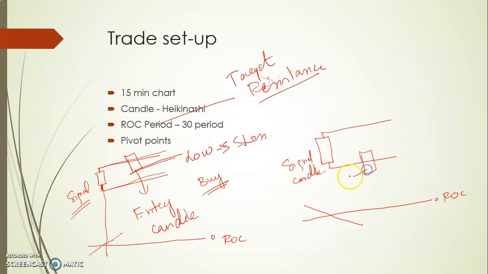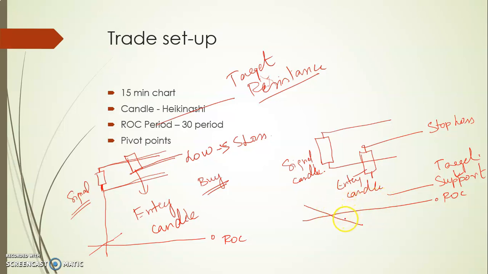This is called the entry candle. The entry candle's high should be used as the stop loss, and then the nearest support is the target for the sell call. Hope you are clear with the sell strategy as well.